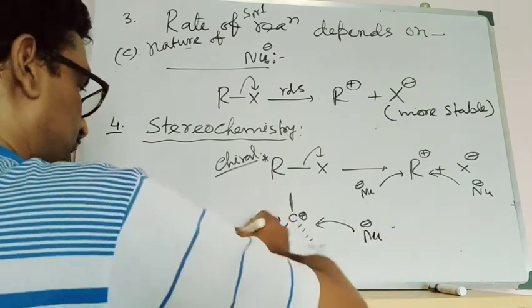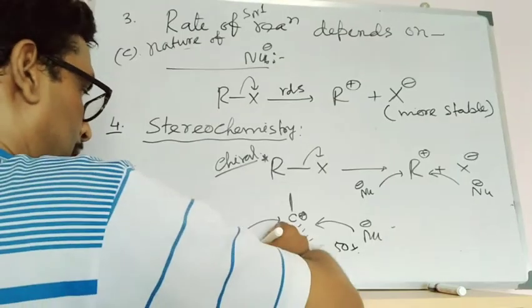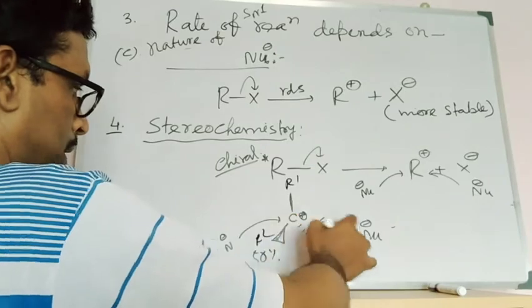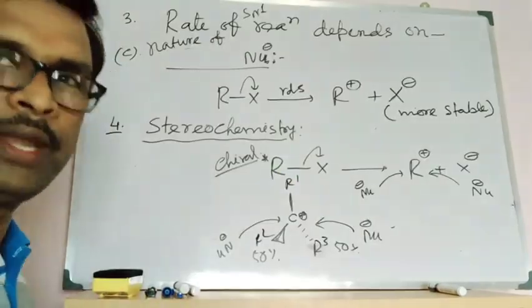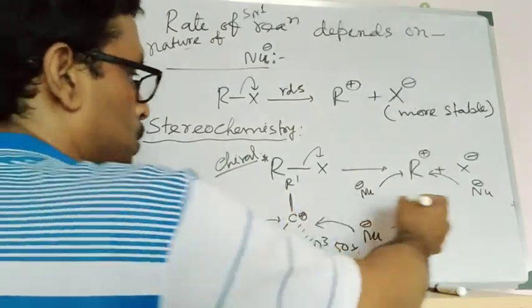So theoretically there is 50% attack from each side, with R1, R2 and R3 different, as this one is chiral. These three should be different, R1, R2 and R3. So what will be the product?